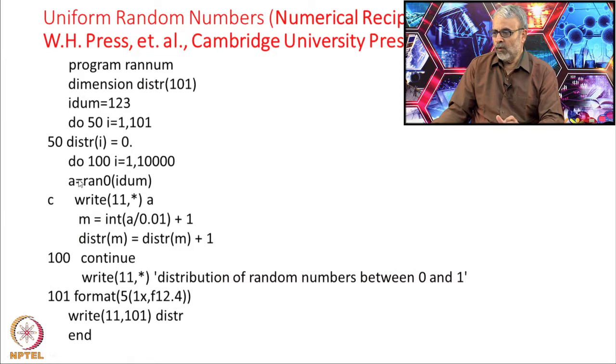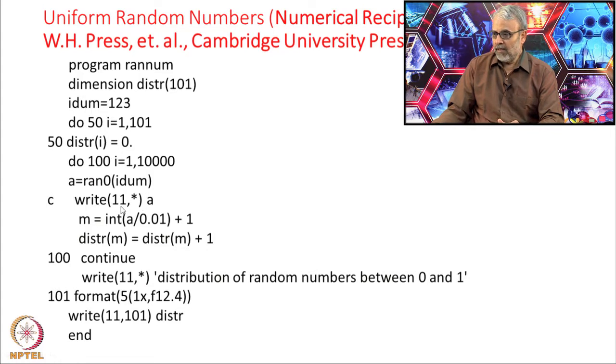What I want to do with this program is to know how many numbers are between 0 and 0.01, how many between 0 and 0.02. So, I want to make 100 boxes, each of width 0.01, and I want to know how many random numbers will fall into each box.